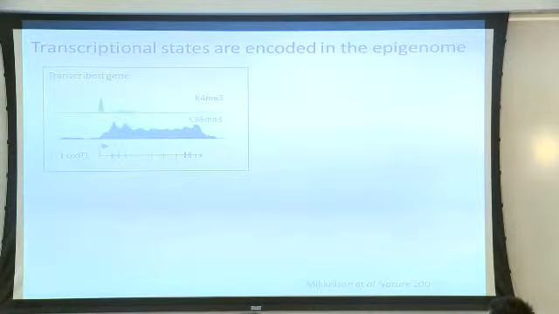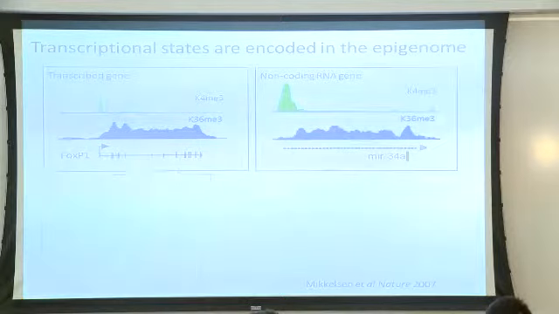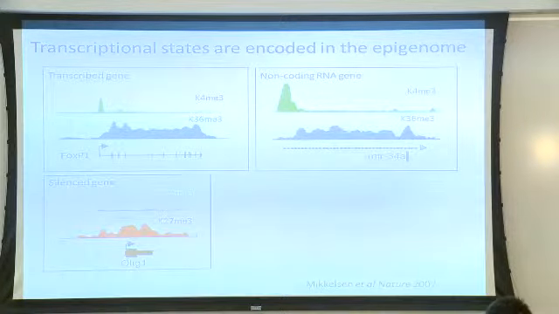The transcriptional states are encoded in the genome, and here is a pair of tracks associated with a transcribed gene. You see a peak of K4 trimethyl activity and an extensive region of K36 trimethyl activity, which is a signature of a transcribed gene. This could apply also to a non-coding RNA, which has the same epigenetic signature as a transcribed gene.